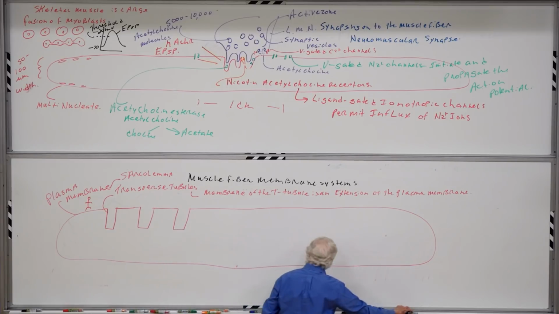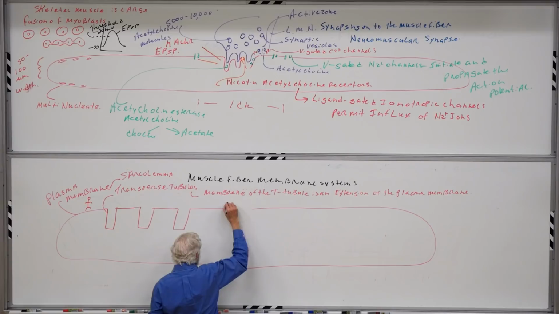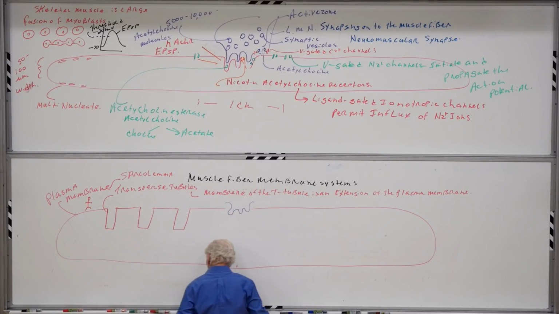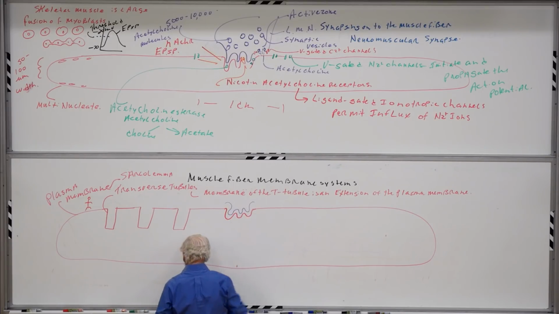From the upper panel, we can imagine the site of the neuromuscular synapse. We can now imagine the postsynaptic membrane.